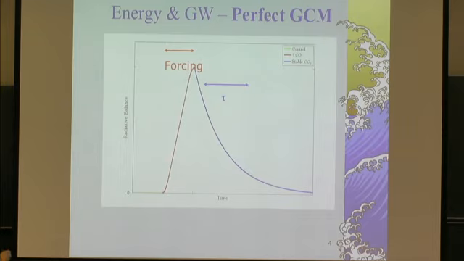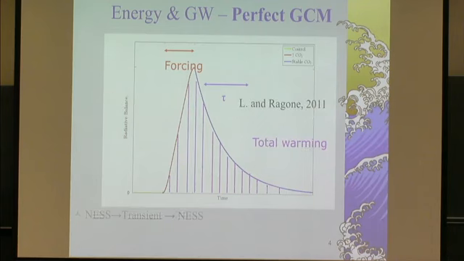This is the radiative balance at the top of the atmosphere. We have a deviation from 0, where 0 is the steady state, and then we should have a relaxation effect. This is work done with Francesco Ragone, who is today in this room.